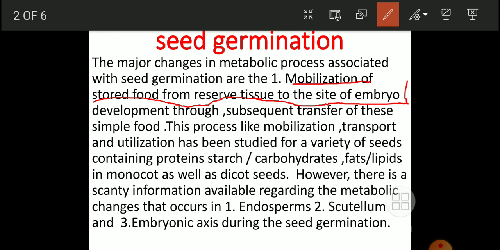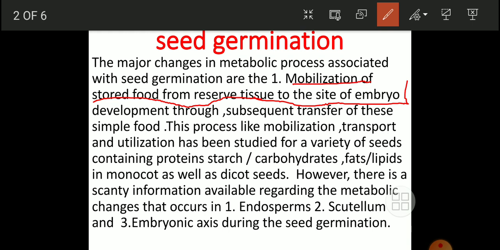So what happens actually during the germination of the seed is that the whole stored food material in the cotyledons, or we can say in the endosperm, is supplied to the developing embryo, unless and until there is a formation of a chlorophyll containing leaf, isn't it? Once that is formed, then the plant starts synthesizing food.